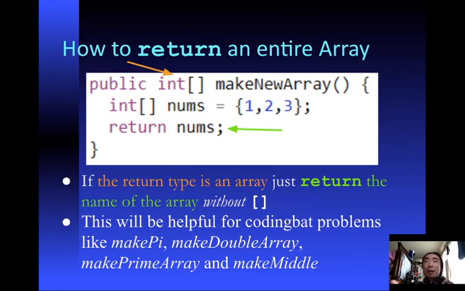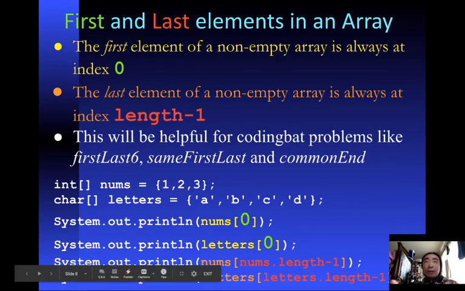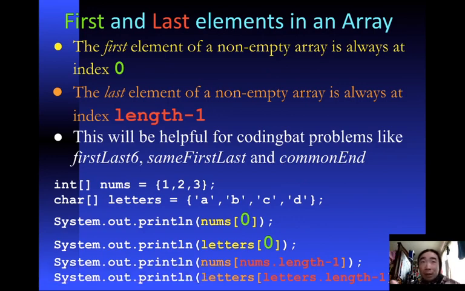So as another practice inside chat, listen carefully to what I'm going to say. I want you to give me the index of the letter B. What is the index of the letter B? Type that in the chat, please.